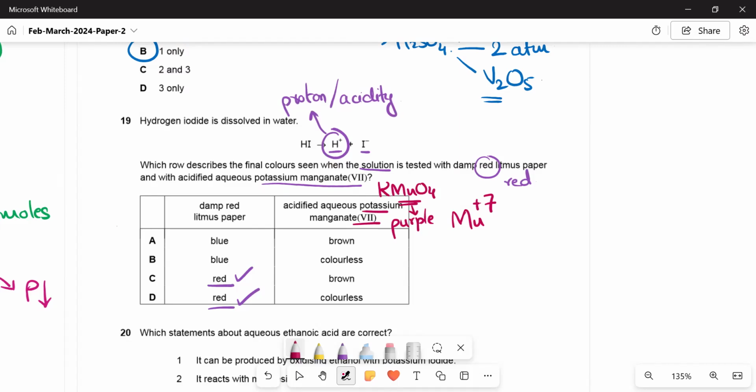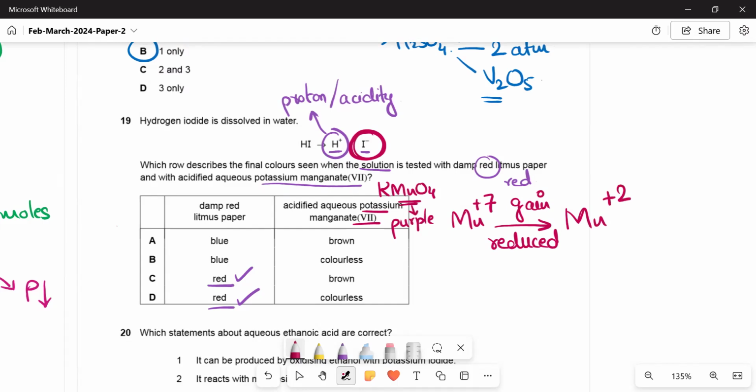When we add potassium manganate in any solution which contains iodide ion, it gets reduced. It gains electron. Manganese ion gains electron and it becomes Mn2 plus.